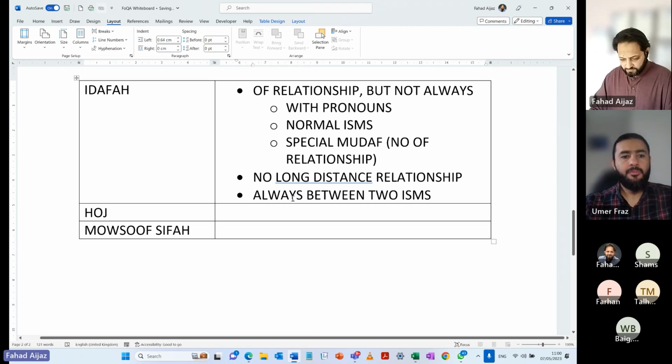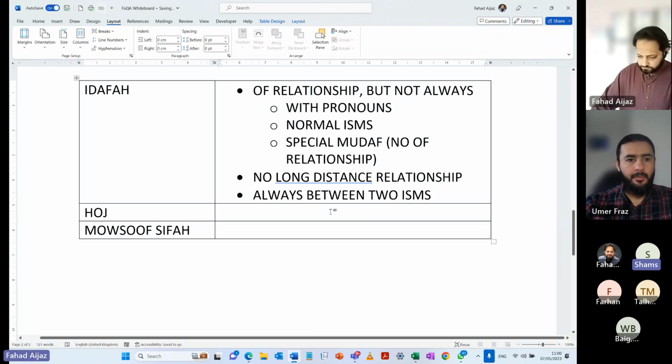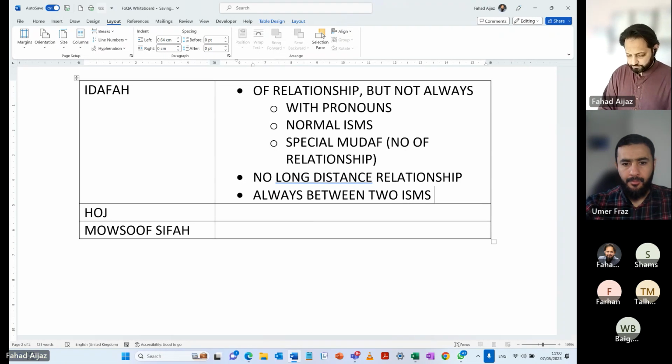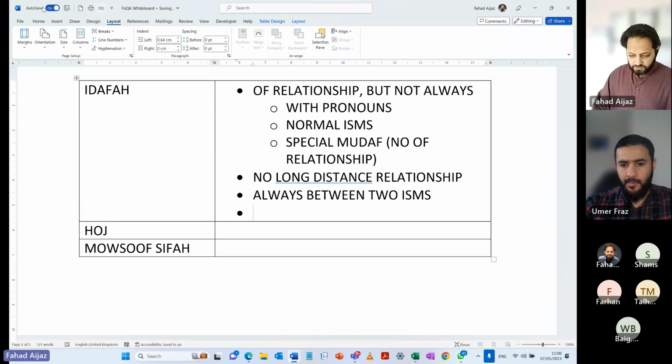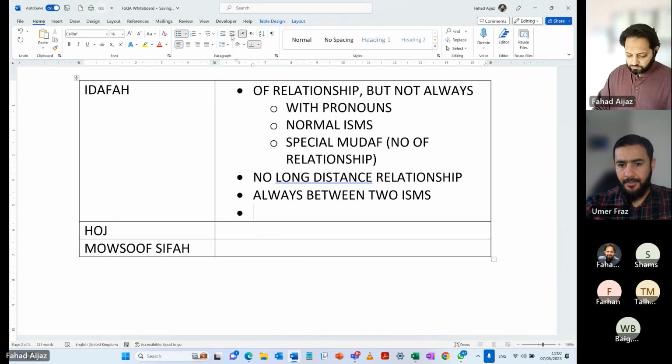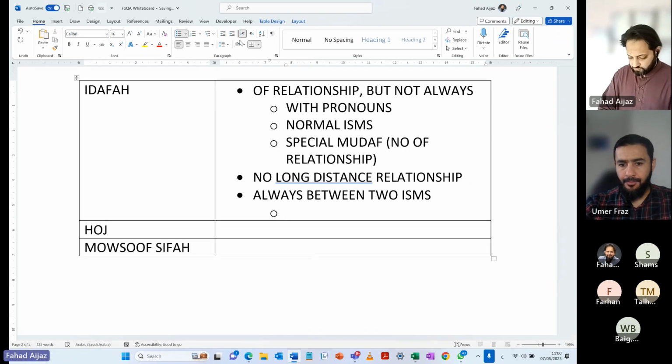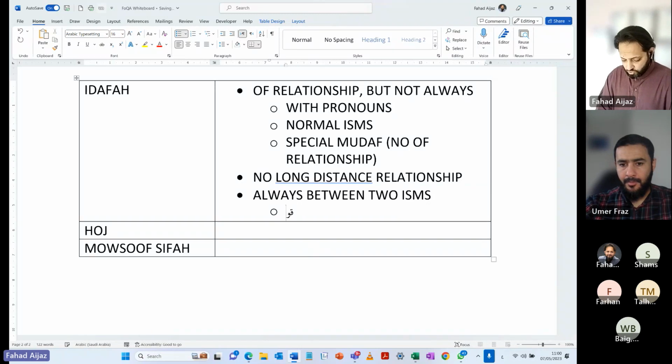So far with me, everyone? Any example, Fahad bhai? Okay, let's put an example here. Just like we did just now, for example, qawmi, qawmu, qawmuhum, qawmu Lutin.